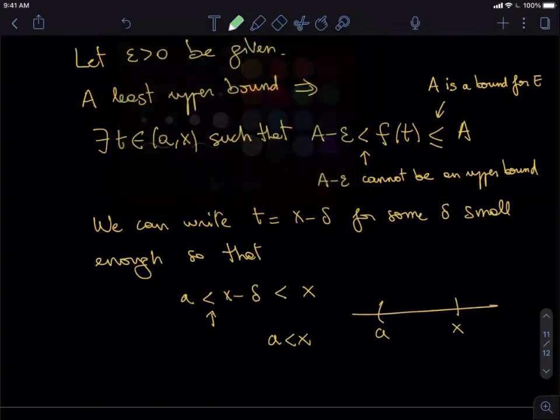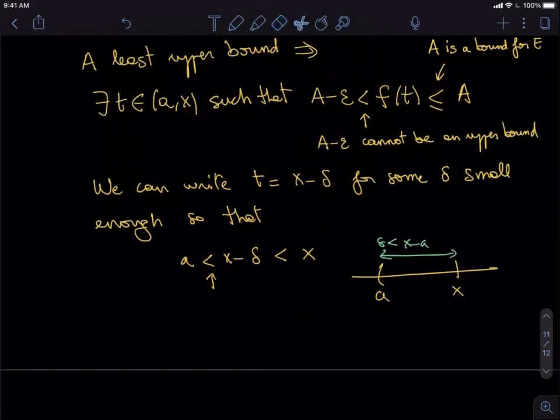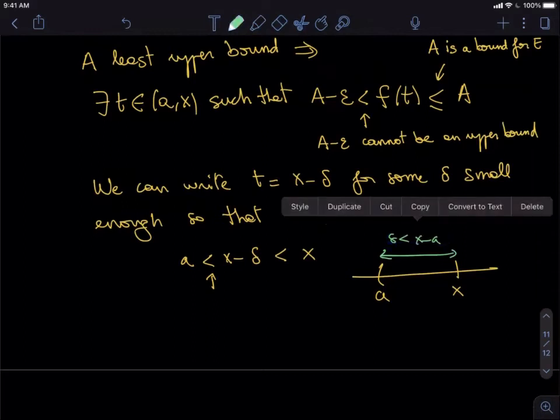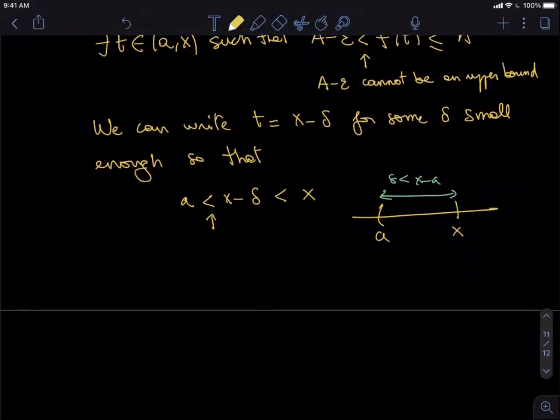So as long as we take some delta that is smaller than this distance X minus A, then we're fine. Okay, so that's what I mean, delta is small enough. Okay, so once we have it set up like this, that A less than X minus delta less than X, then A minus epsilon less than f of X minus delta less or equal than A. This is what we need. Okay, we have this inequality.